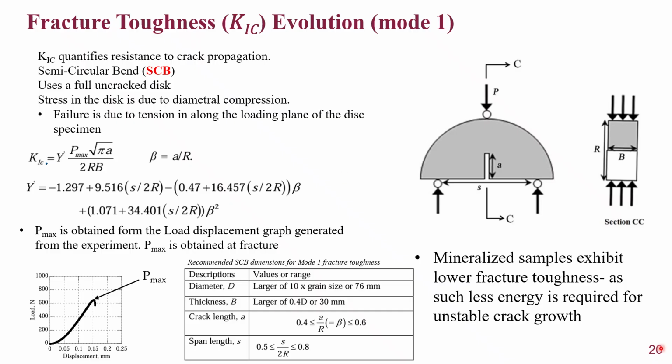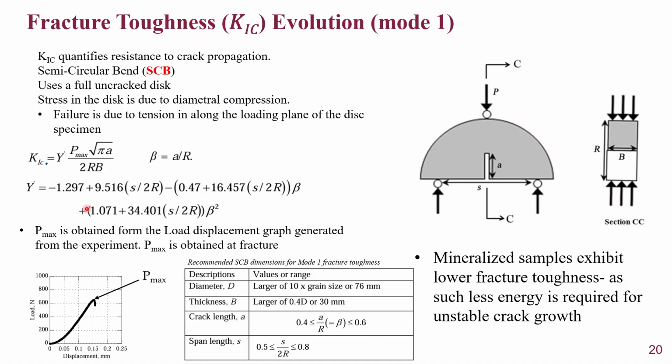Mode 1 fracture toughness is calculated using this formula here that reads K_IC equals Y prime times P max root pi a over 2RB, where the parameters or the variables, beta and Y prime, are explained here.